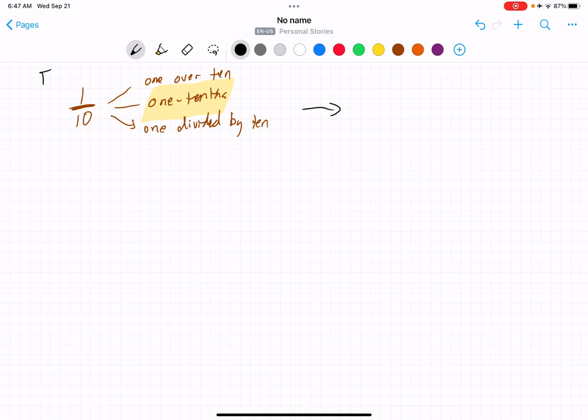So this is the fraction form, and this will be for decimals. Notice when we were talking about place values, we have hundreds here, tens here, units or ones here.